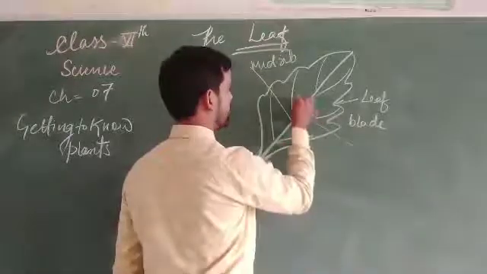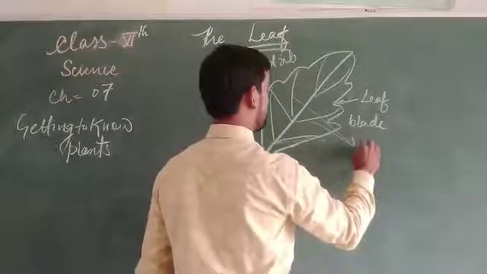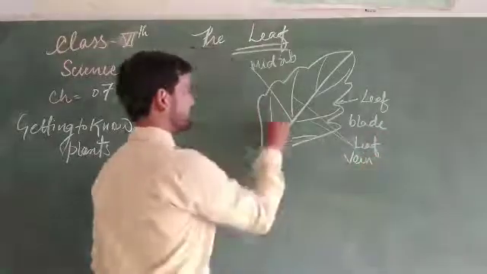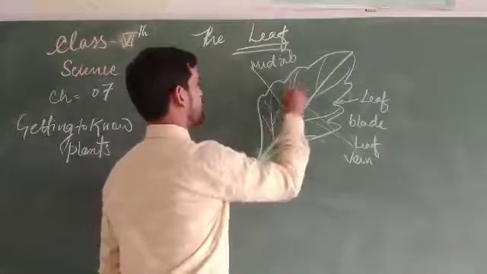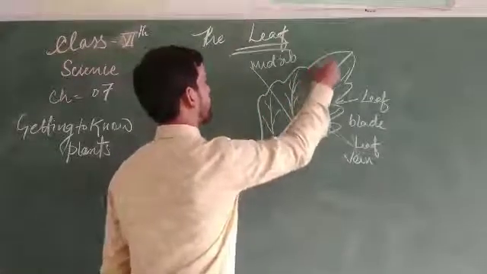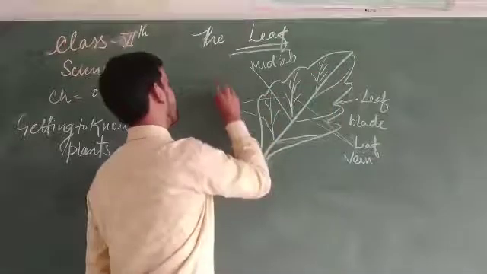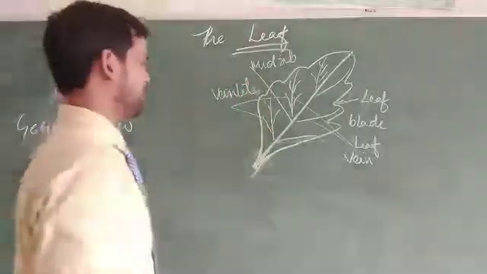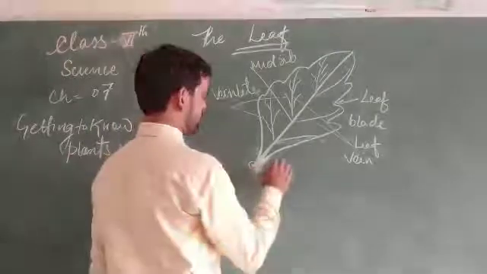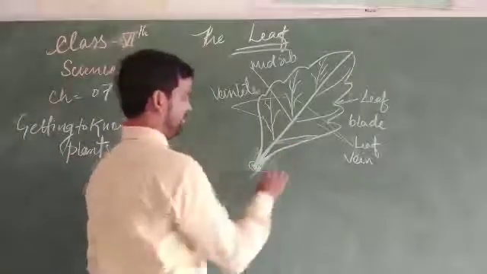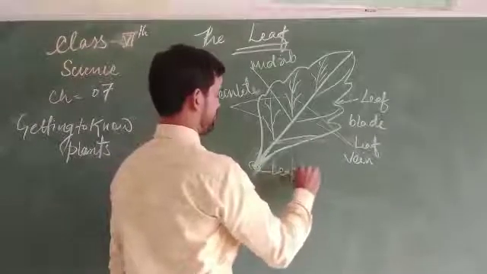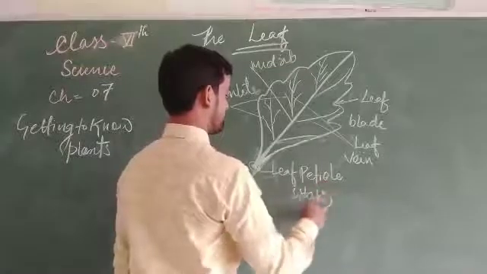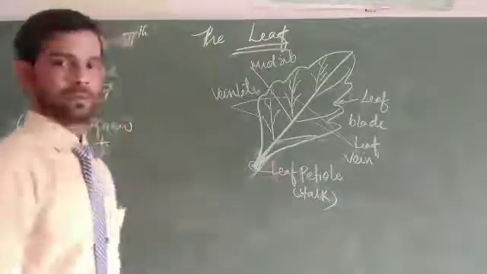Here you can see this type of structure is called a vein, the vein of a leaf. The smaller structures are also veins.